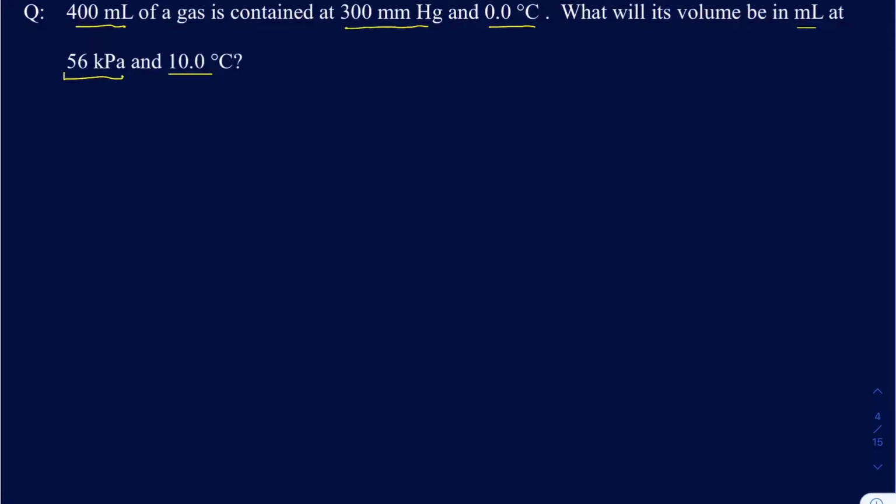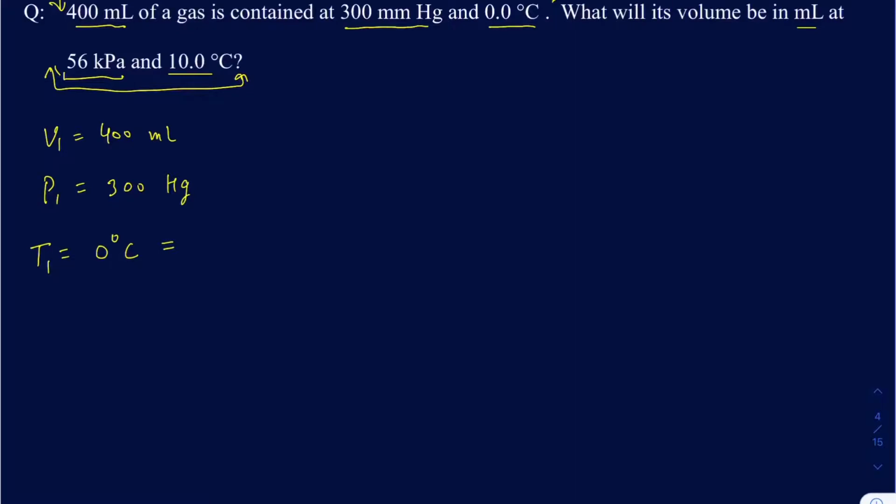So remember, this is going to be your first set of information, and this right there is your second set of information, so make sure you don't mix those up. So I have V1 to be 400 milliliters, and then I got P1 to be 300 mm of mercury, and then I have the temperature T1 to be 0 degrees Celsius.